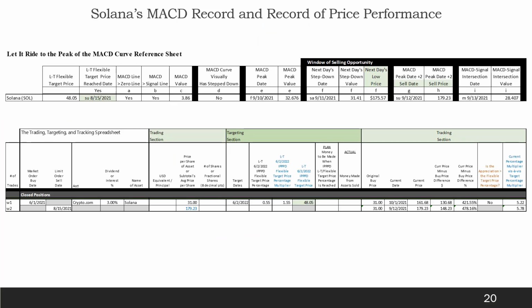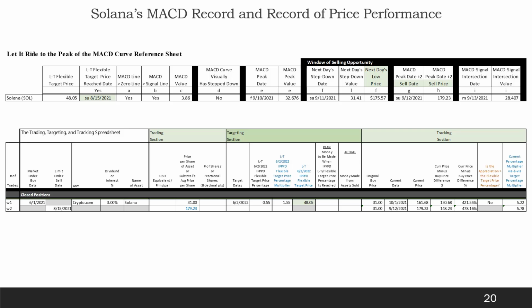Solana's MACD record. Look at the MACD curve at the date when the asset price is in range of the target. A, the MACD line is greater than the zero line. We entered yes for A. The MACD line is greater than the signal line.